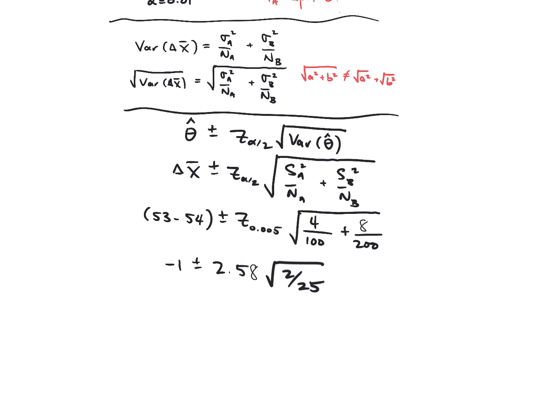So -1 plus or minus 2.58 times, and then this number is 0.2828.